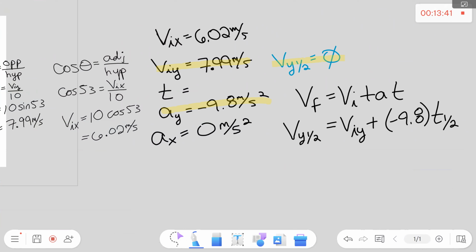Can I find T1 half now? Sure. That's going to be 0 equals 7.99 minus 9.8 T1 half. I do not have this number memorized.